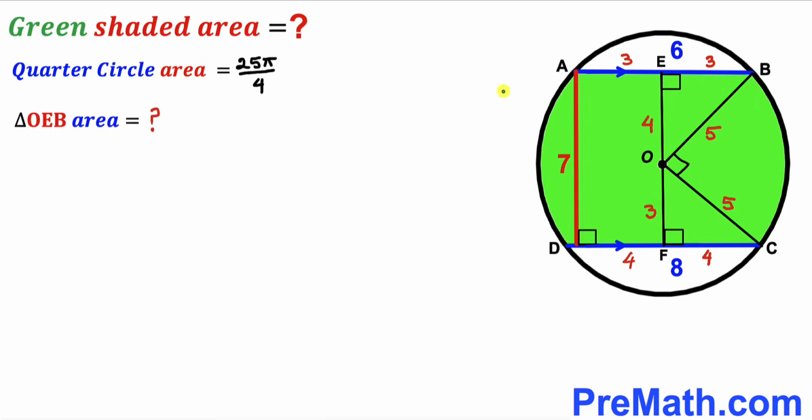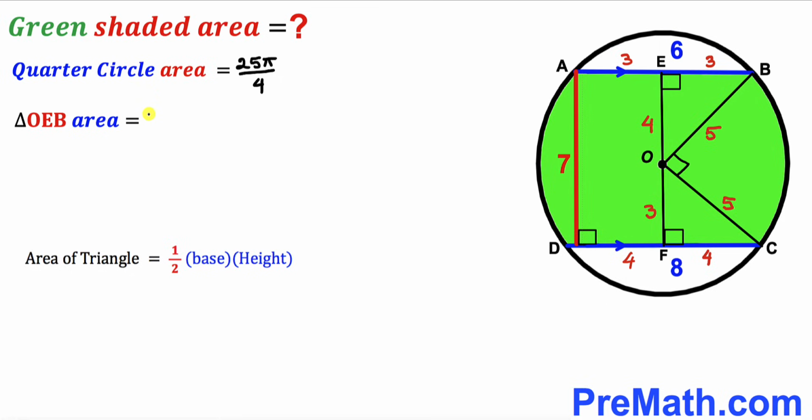Now we are going to calculate the area of this right triangle OEB. Let's recall the area of a triangle formula. Area is always equal to a half times base times the height of the triangle. In our case, the base of this triangle is 3 and the height is 4.